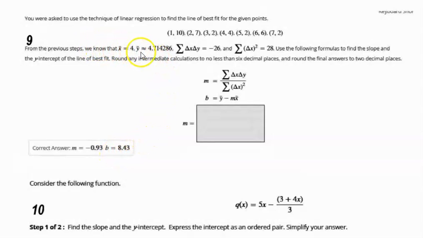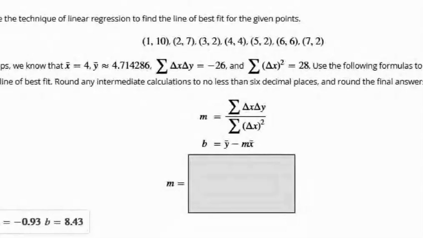So here they're giving you a lot of the data. Let's make it bigger. They're telling you what x bar is right over here. Y bar right there. They're giving you the product and the sum of these.